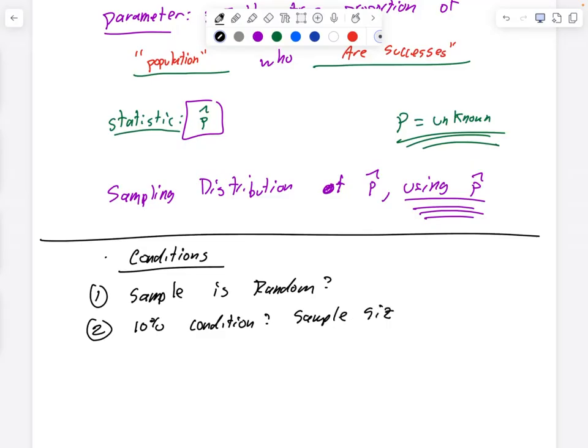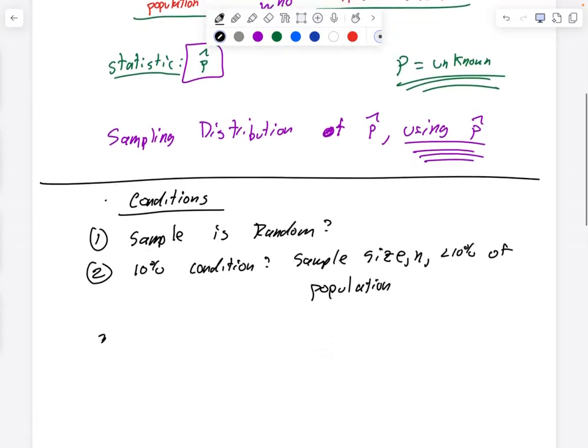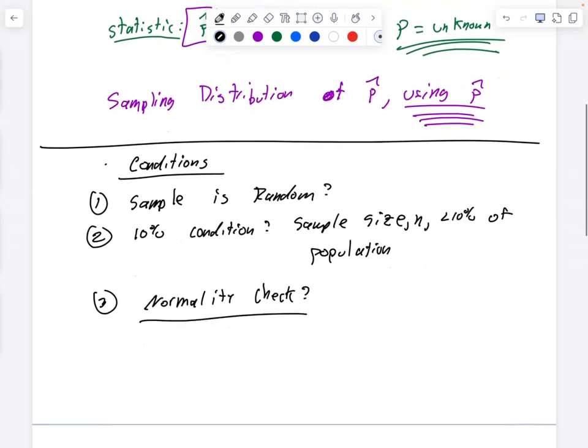And number 3, we're going to check approximately normal. We're going to do a normality check, which is called, what is the normality check for sample proportions?